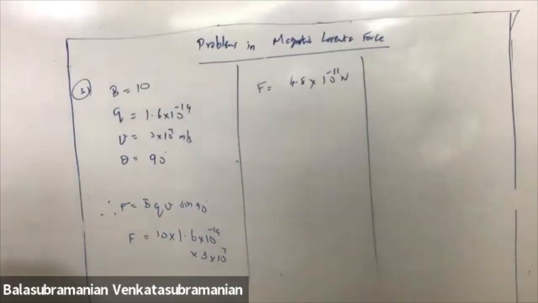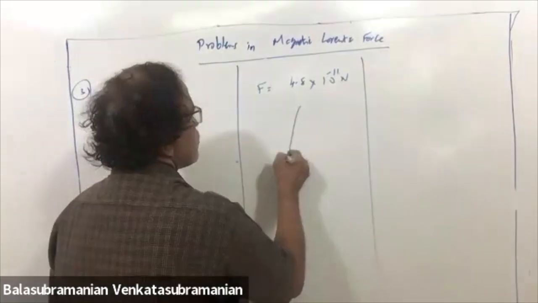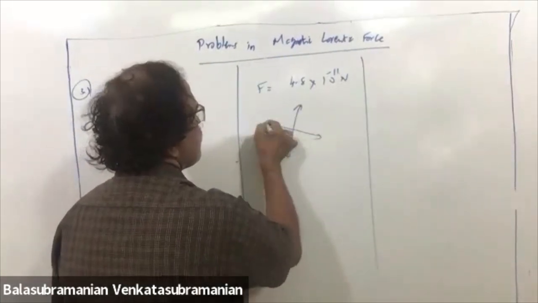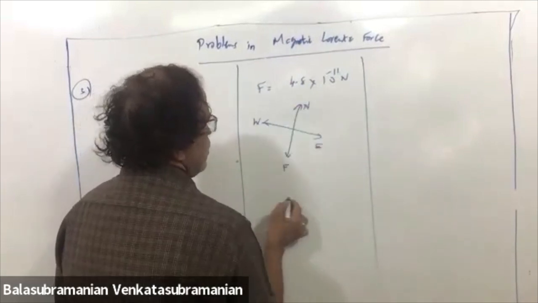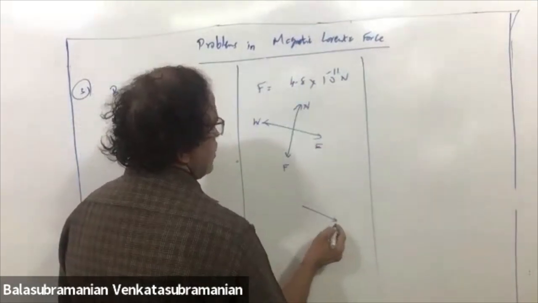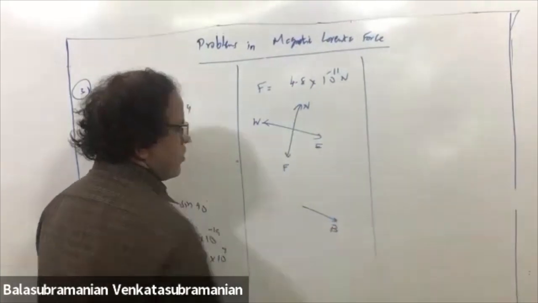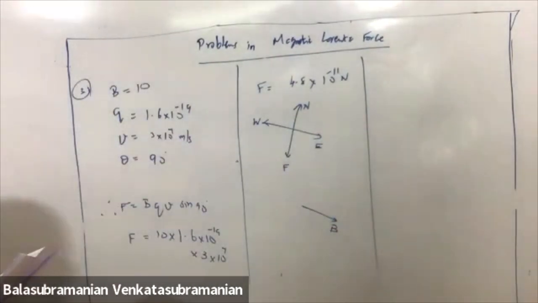Now direction. Same. East, west, north, south. Along east direction is B. Okay. Next, velocity will be along north.